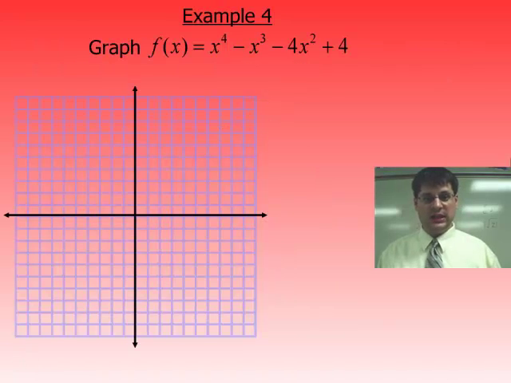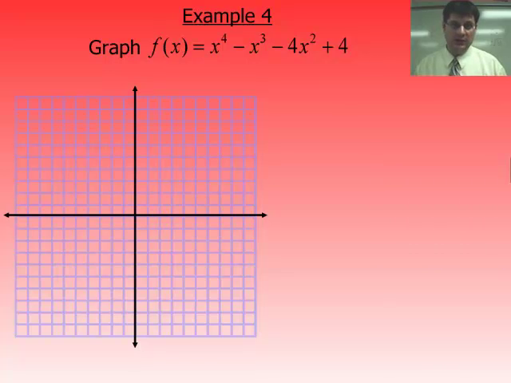Our final example is going to be graphing a polynomial function. So we've done lines, we've done quadratics, now let's do everything else. And the process is going to be largely the same. So I have a quartic function here, and we're going to use a calculator to assist us with this, as opposed to just building a table by hand. We can do that.